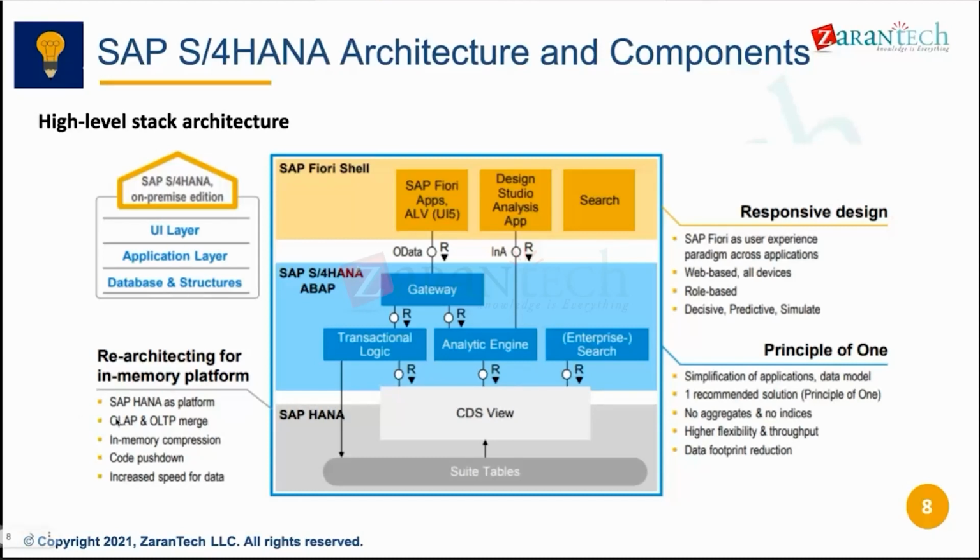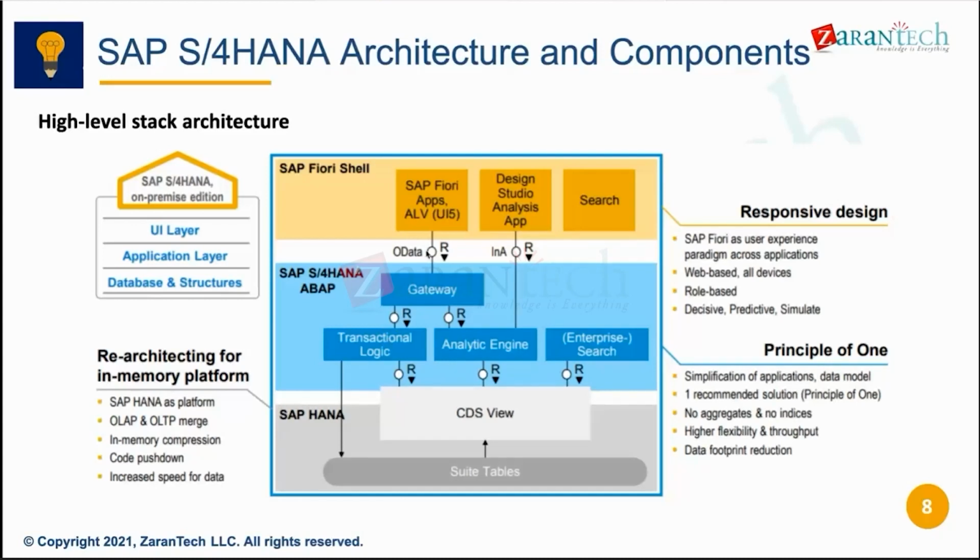What is this one, OLAP and OLTP merged? Can you see this? It has both. Exactly. That's the beauty. So it uses both. It is both OLTP and OLAP. That's the key point here. That is why HANA is much faster.